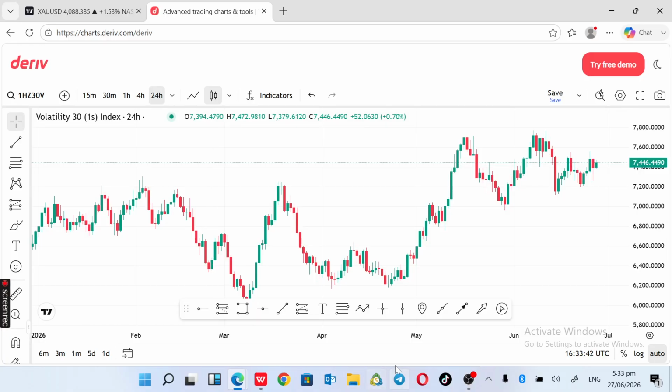Now, what we do here is we go to 24 hours, because this chart actually starts from 24 hours, and we're going to be using 15 minutes or 30 minutes as our entry. But if it's going to be a swing trade, we will be using 1 hour or 4 hours. Because we are starting our top-down analysis at this 24 hours, which is 1 day, we'll be considering 30 minutes and 15 minutes.